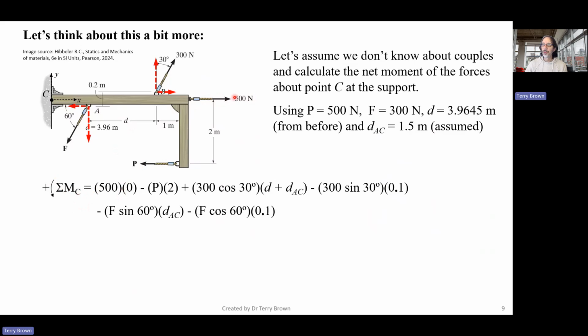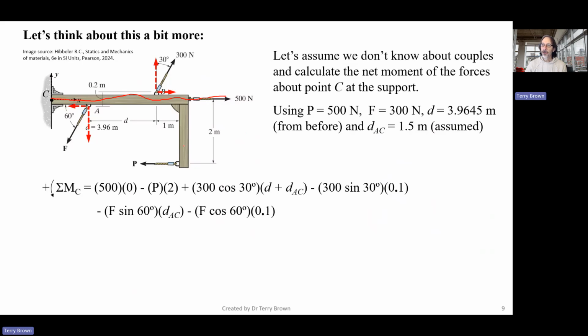So we've got the 400 Newton force here times 0, and it's times 0 because its line of action, hard to draw a straight line with the mouse, but you get the idea, right? So that force passes through point C, so 0 perpendicular distance.